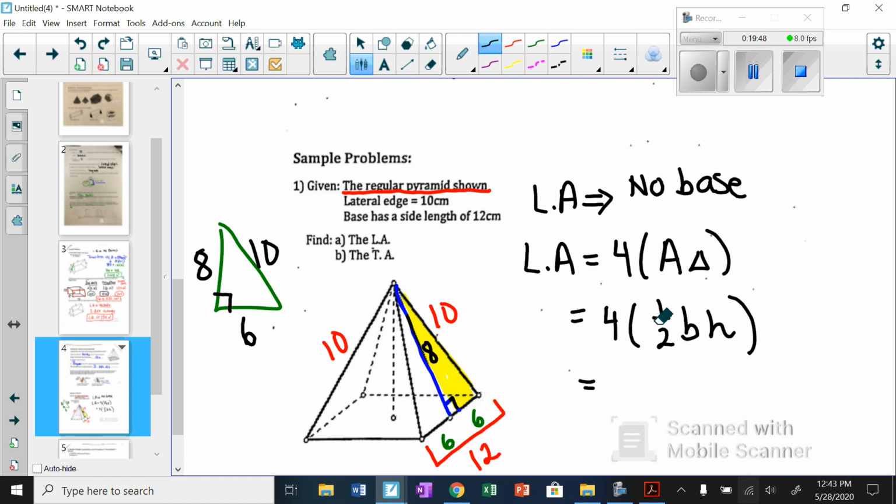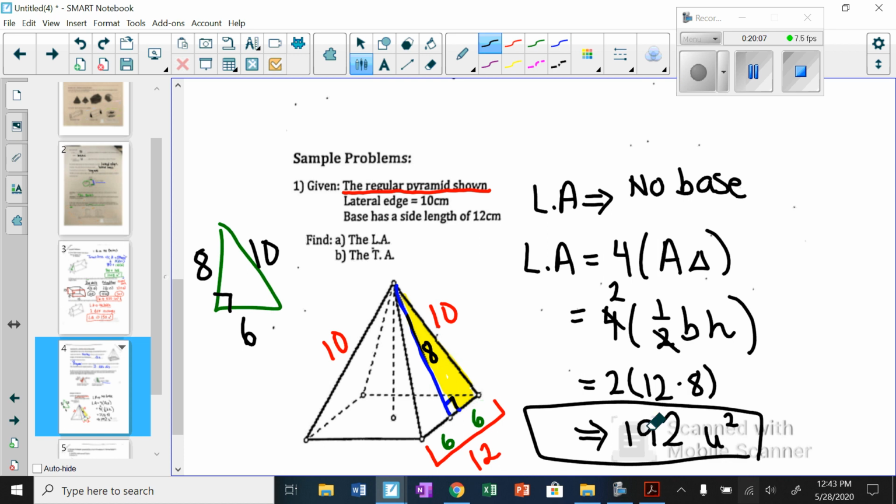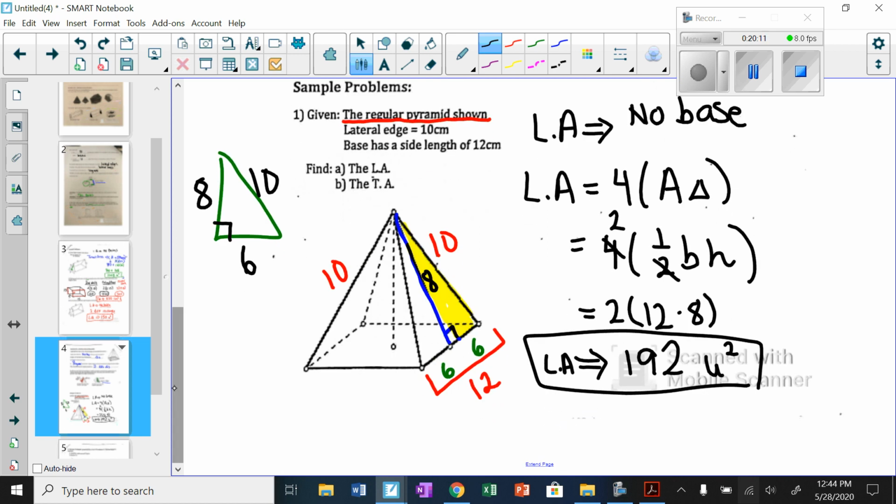So for the lateral area, this 4 becomes a 2. So we're going to have 2 times the base, which is 12, and the height, which is 8. And we are going to get 192 units squared for the lateral area.